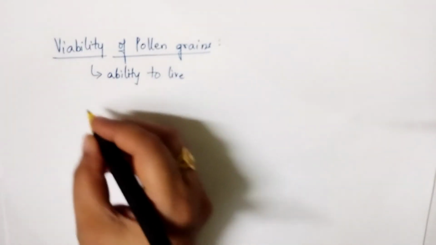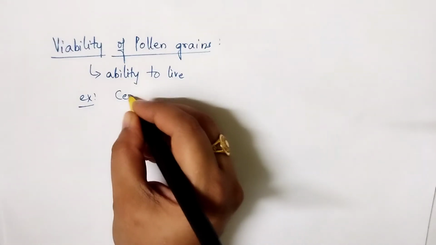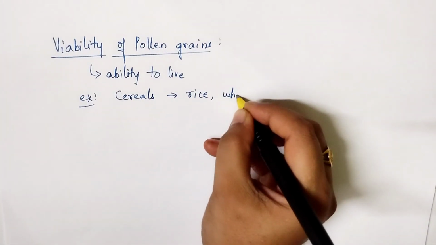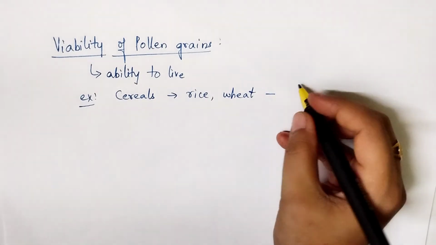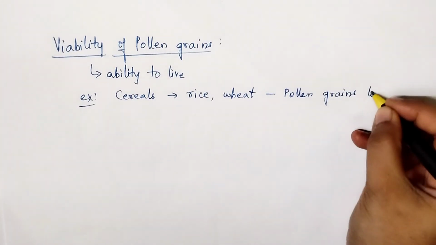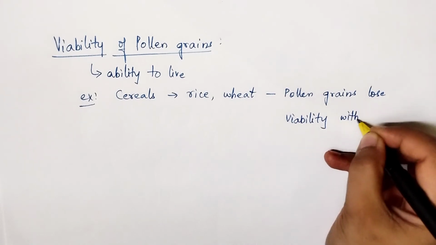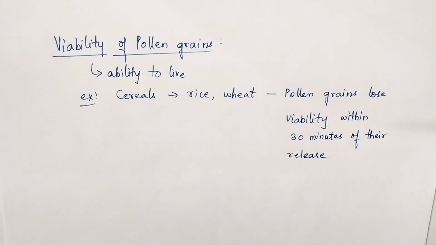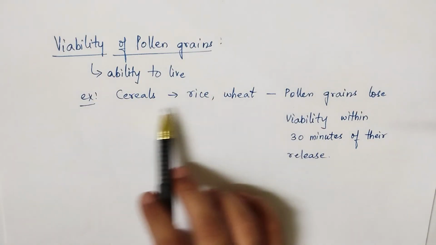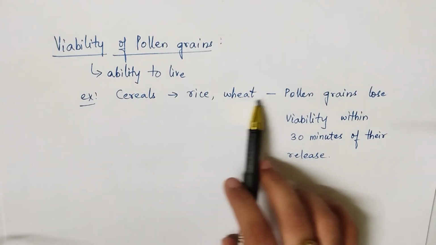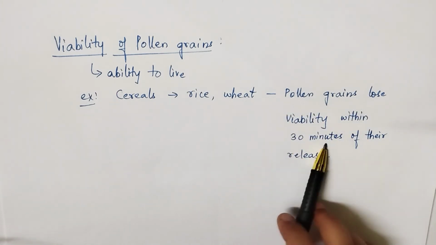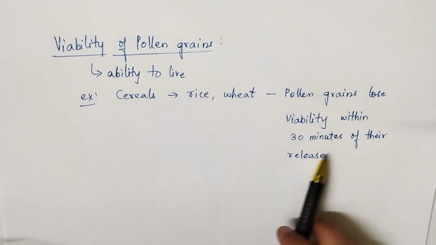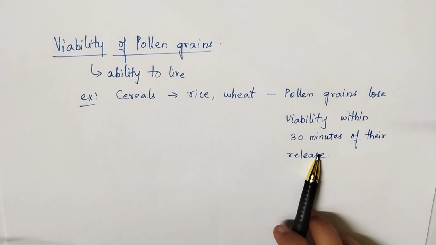For example, in cereals like rice and wheat, pollen grains lose their viability within 30 minutes of their release. So they have to reach the stigma within 30 minutes or else they will lose their viability.